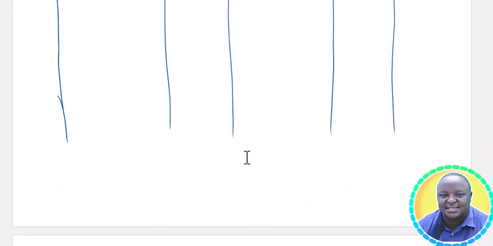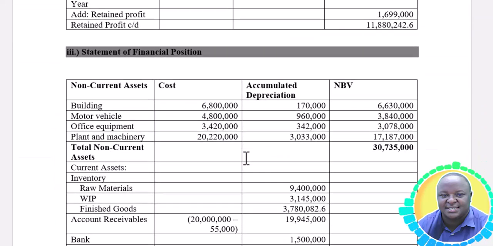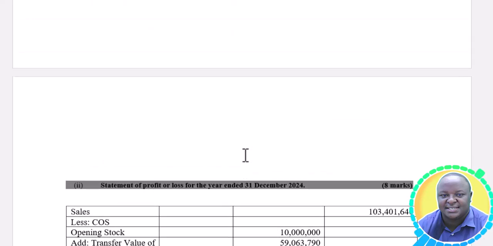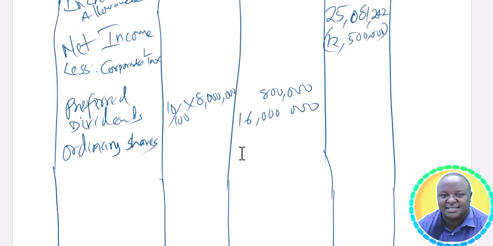So the 10% that was being paid for ordinary dividends, so 10% of 16 million is also going to be 1.6.